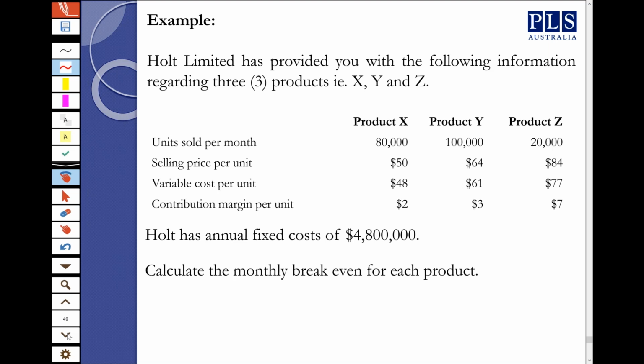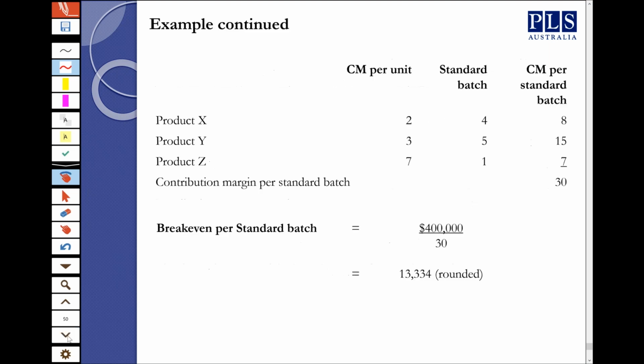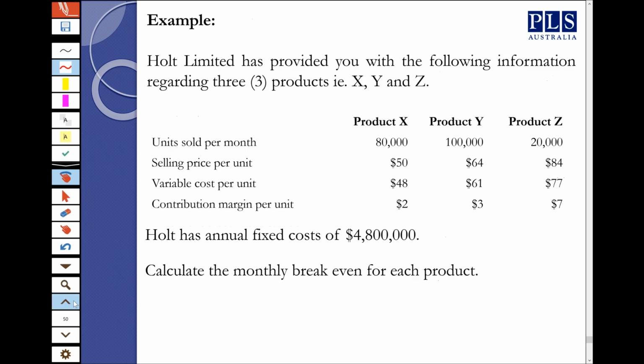Well, in that instance, if I'm calculating a monthly break even for each product, what I need to do is work my way through the actual standard batch logic. So I would construct my contribution margin per unit, which is my 2, 3, and 7. So there, that's that row of numbers. Note I've then taken my relationship.